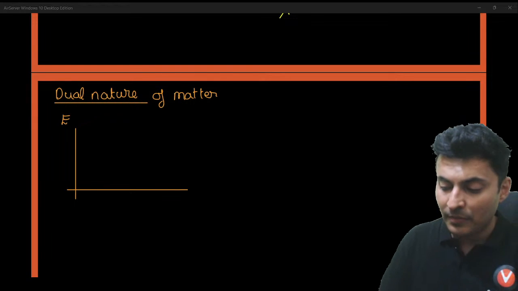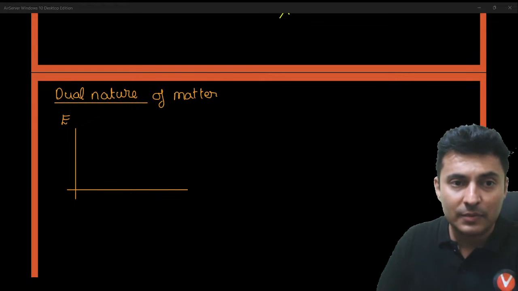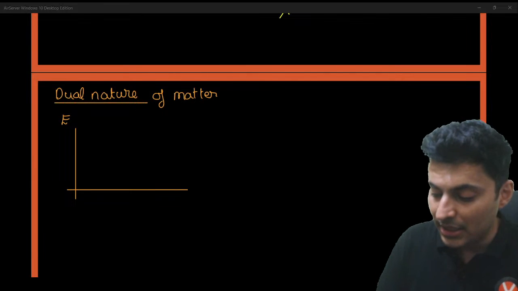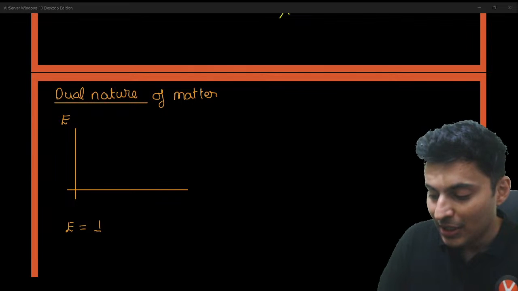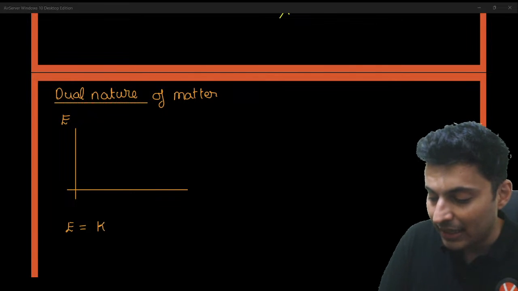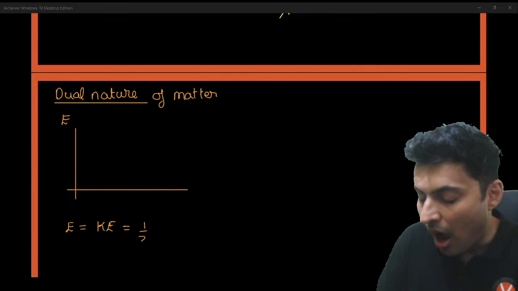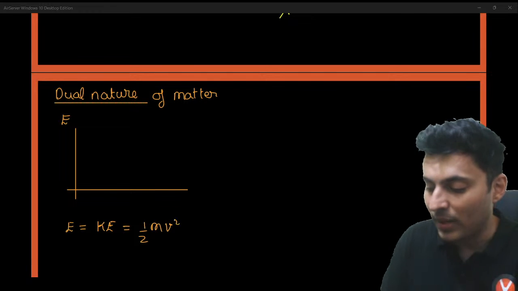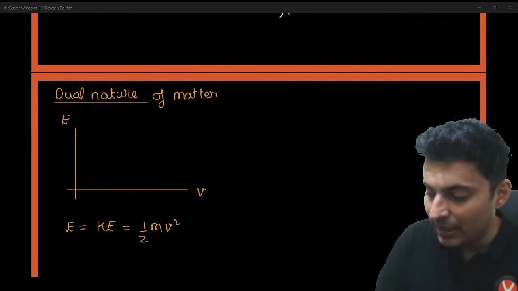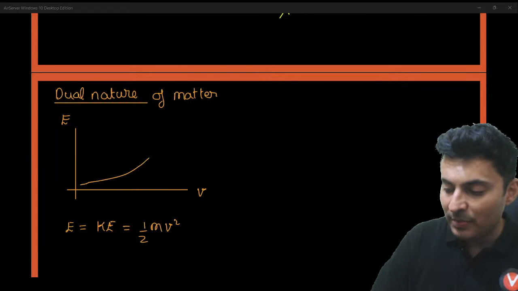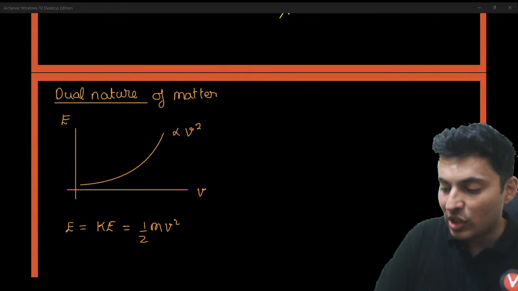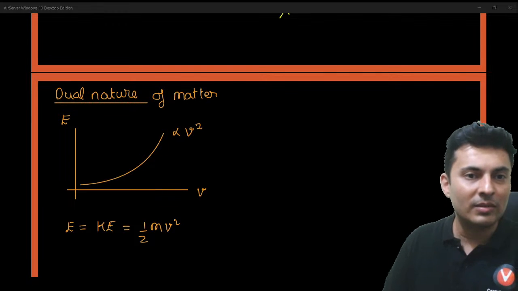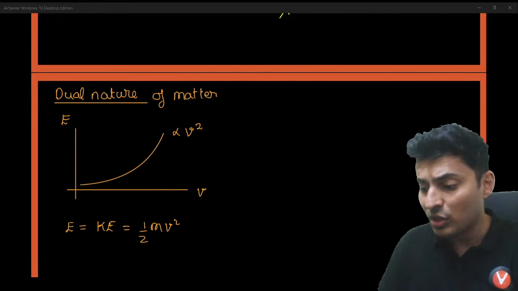The energy depends on the velocity, it's kinetic energy. It is just half mv square, so it is directly dependent on the speed. More the speed, more the energy. The energy of the particle is directly proportional to the square of the speed.